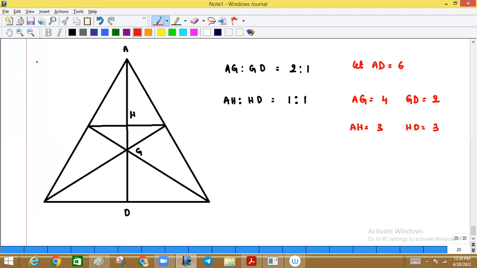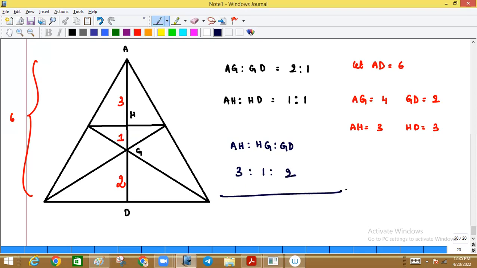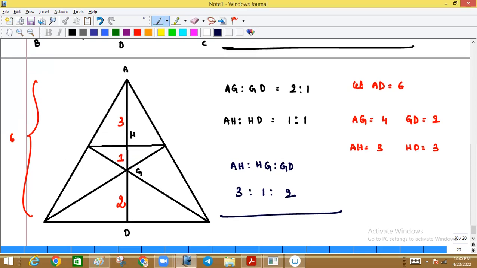Which means if the entire thing is 6, AH is 3, HG is 1, GD is 2. So sometimes they may ask you this ratio as well: 3, 1, 2. Is it clear?